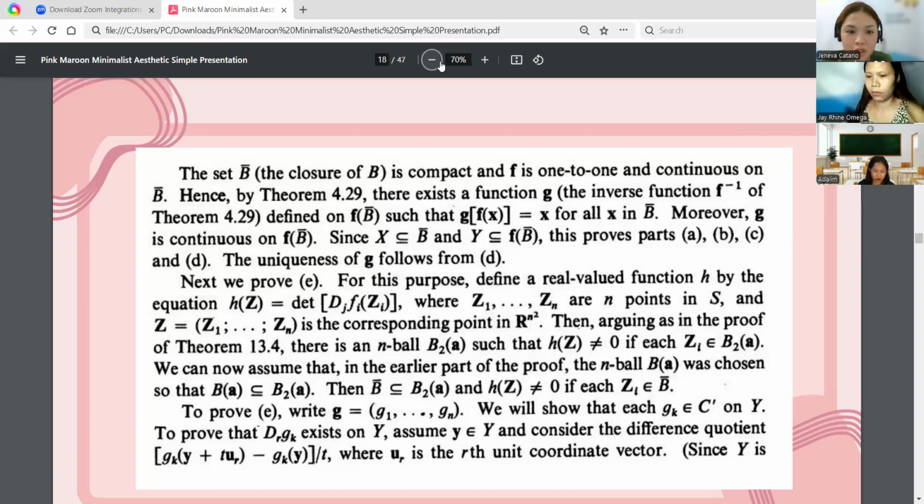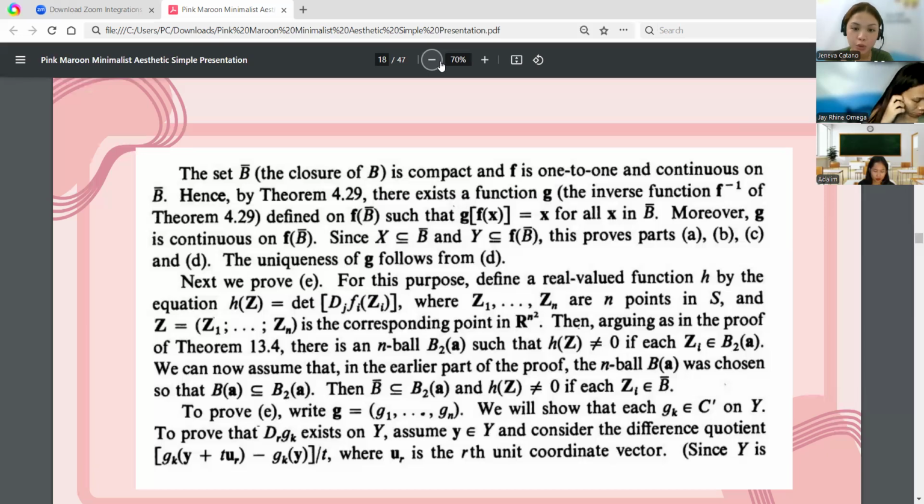Moreover, g is continuous on f(B). Since X is a subset of B and Y is a subset of f(B), this proves parts a, b, c, and d. The uniqueness of g follows from d.